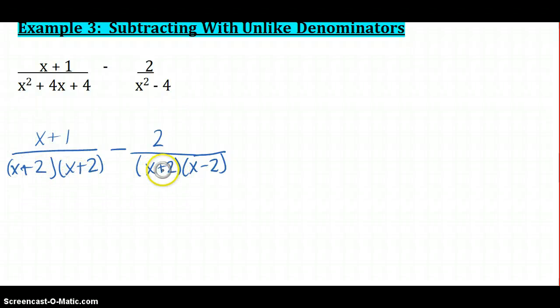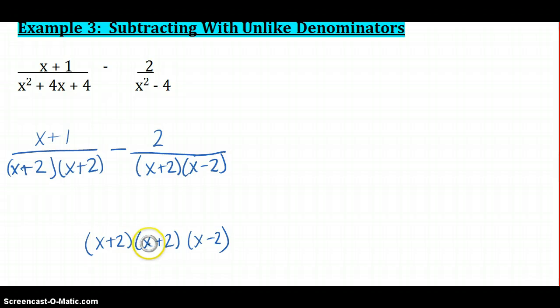This one only has 1. So since this one has 2, we need at least 2 of them. So your common denominator has to be x plus 2, x plus 2. So we got the x plus 2's covered. Now the only piece we're missing is x minus 2. And there's only 1 in this fraction, so we only need 1.